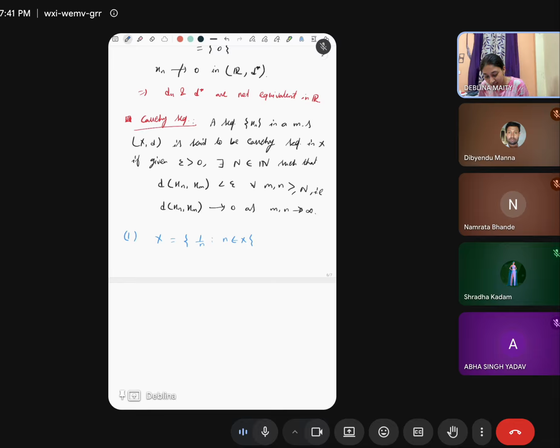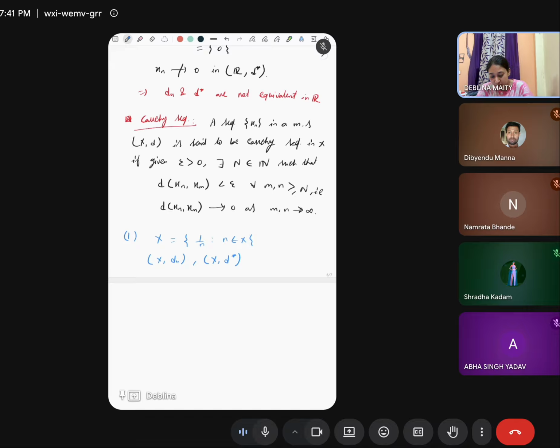Now we'll consider X with the usual metric and X with the discrete metric, and we'll verify whether this sequence xn equal to 1 by n is Cauchy or not in these two metric spaces. So what about the usual metric space?